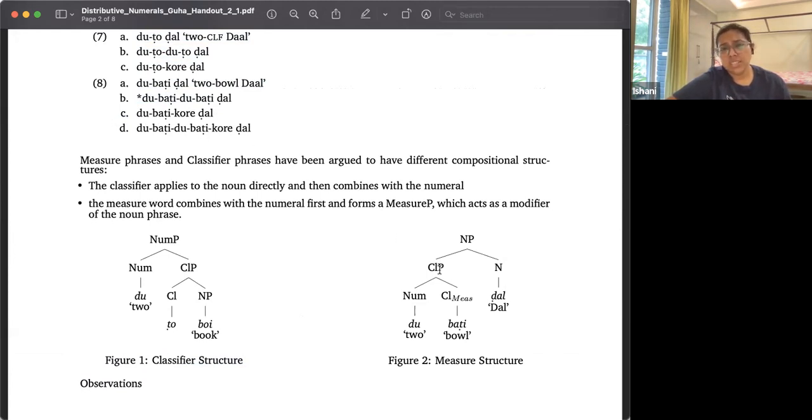So in the semantics, all I say is core is something that puts together this measure phrase into figure 2 along with the noun phrase. Okay, so this sort of facilitates the modification of the noun. This is something that facilitates the modification and also adds a bit of the covariation meaning along with it, because this is distributive in this for numerals and measure phrases for Bangla.